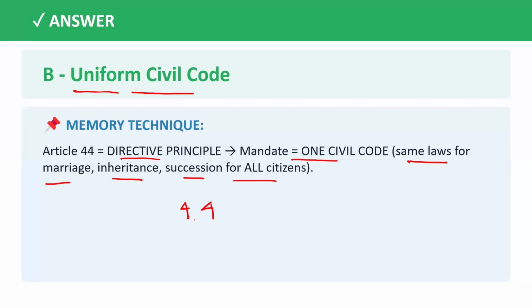So you can think of 4 and 4 as the same digits, meaning same rules. It tries to convey that every rule must be uniform. In that way you can recall that Article 44 means uniform civil code.